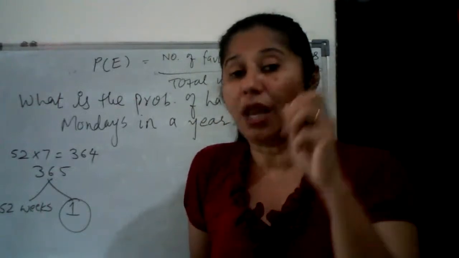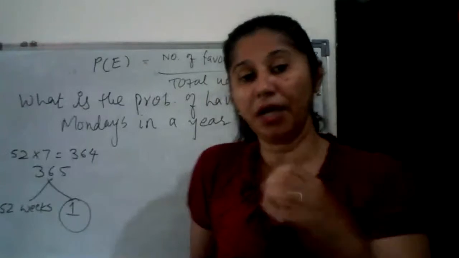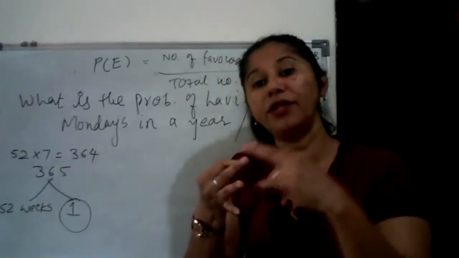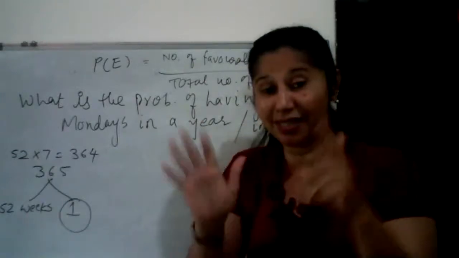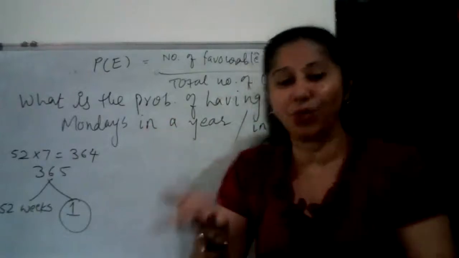अब बचा जो लास्ट डे आपका है, तो ये जो लास्ट डे आपका है ये कौन सा होगा? क्या ये संडे होगा, या ये मंडे होगा, या ये ट्यूसडे, वेडनेसडे, थर्सडे, फ्राइडे, सैटरडे? कितने ऑप्शन है मेरे पास? 7. Isn't it? Because 7 days में से कोई भी एक हो सकता है.